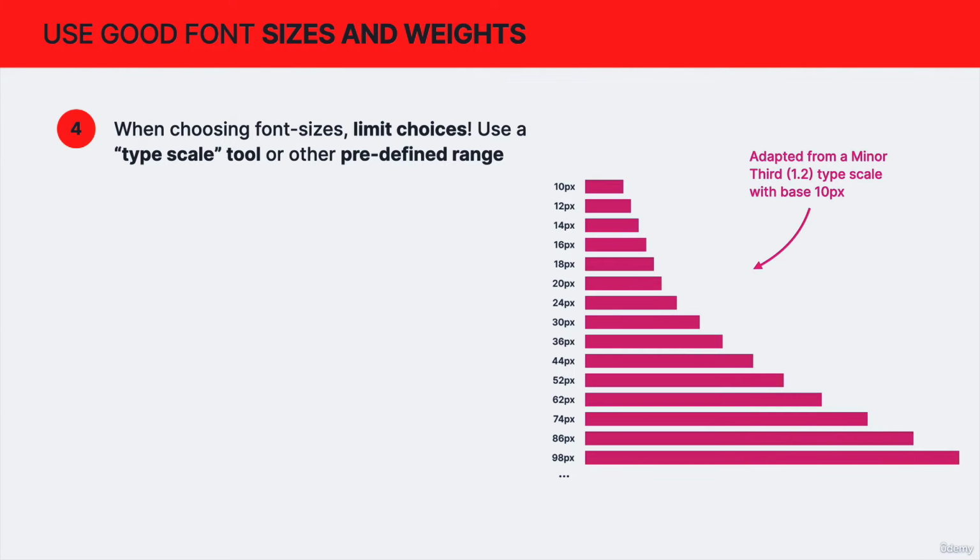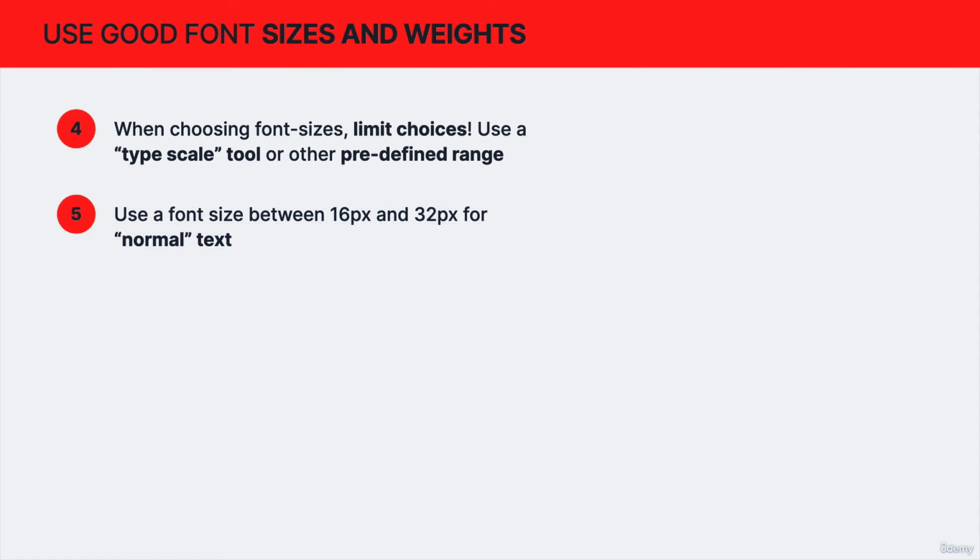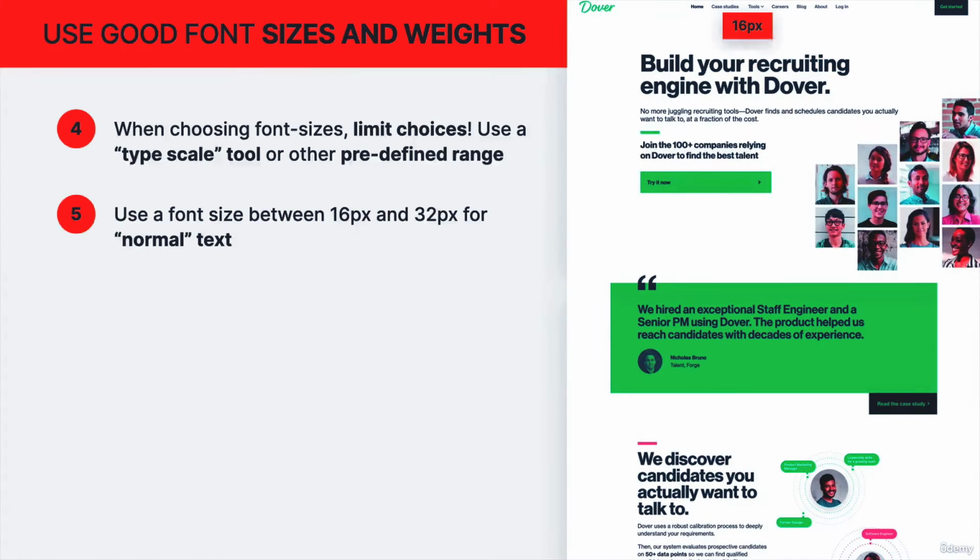Now, with that being said, let's now talk about some guidelines for actual font size values in different parts of websites. So for normal text, you should use a font size between 16 and 32 pixels. So in this example of this page, for example, the navigation has 16 pixels, and then this smaller text down here is 18 pixels. All right.